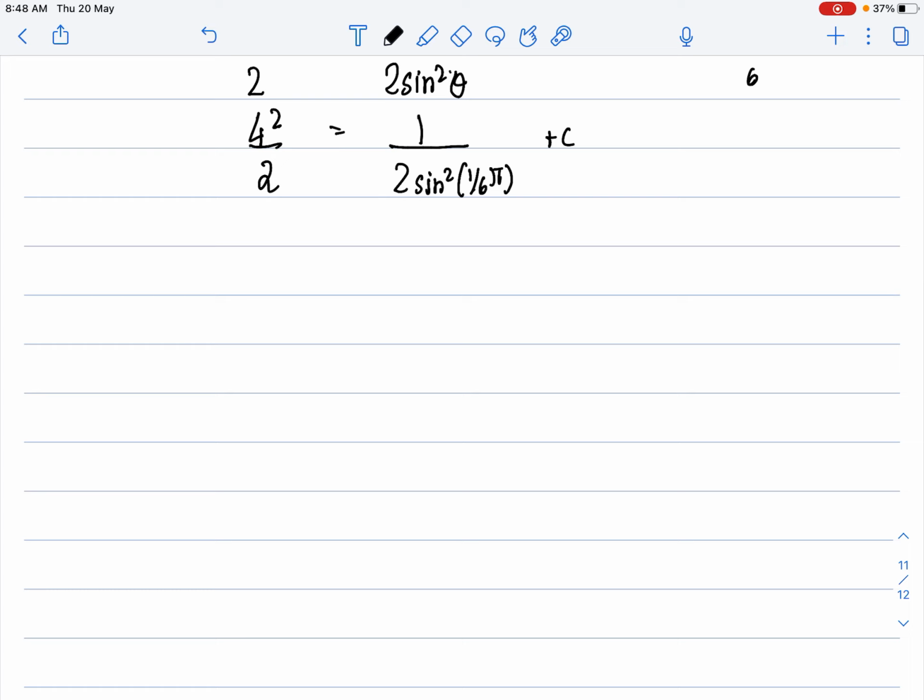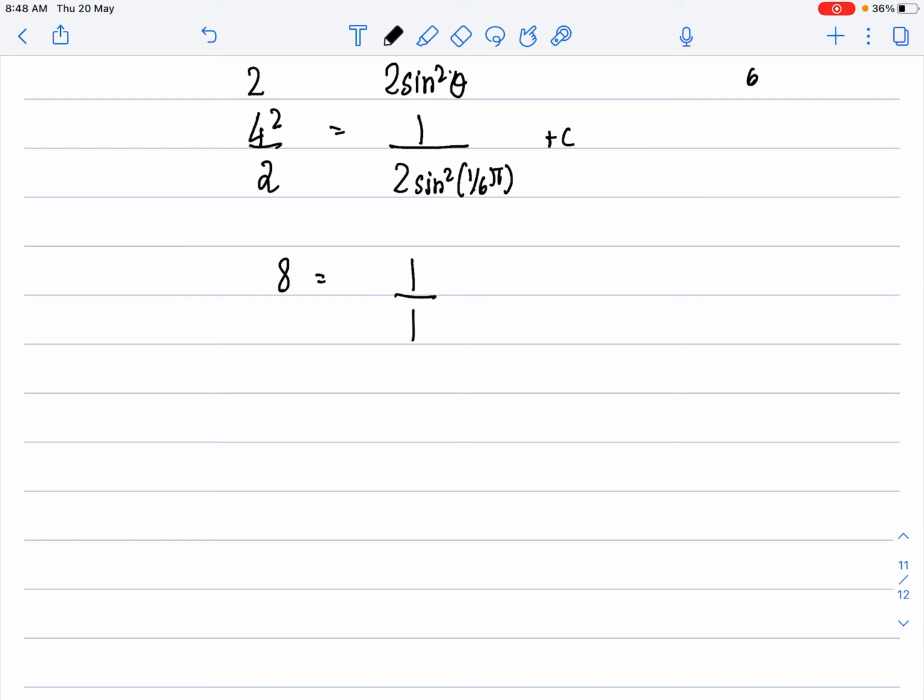So 4 square over 2 gives me 8 equals, now you need to maintain radian mode, so sine of 1 over 6 pi gives 1 over 2, and the square of that gives 1 over 4, which when multiplied by 2 gives 1 over 2.